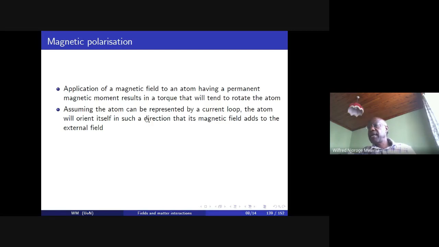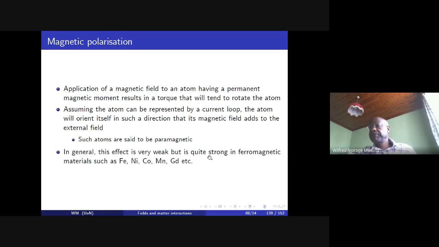So suppose the atom can be represented by a current loop. Then the atom will orient itself in such a direction that its magnetic field will add to that of the external field. Such atoms will then be said to be paramagnetic.